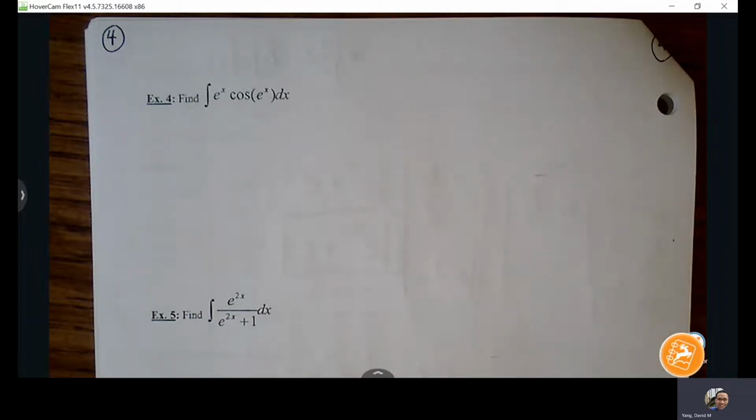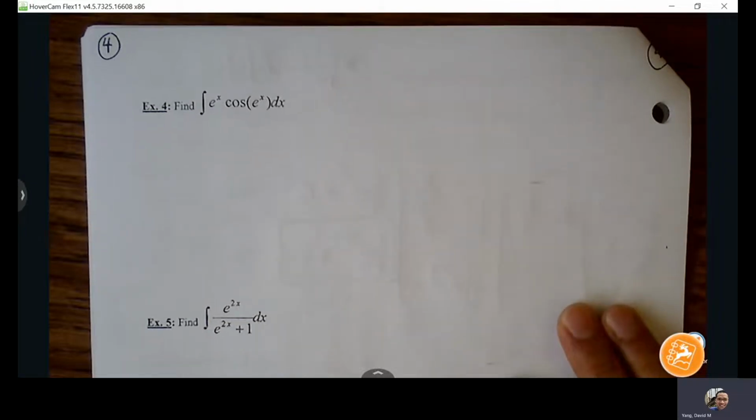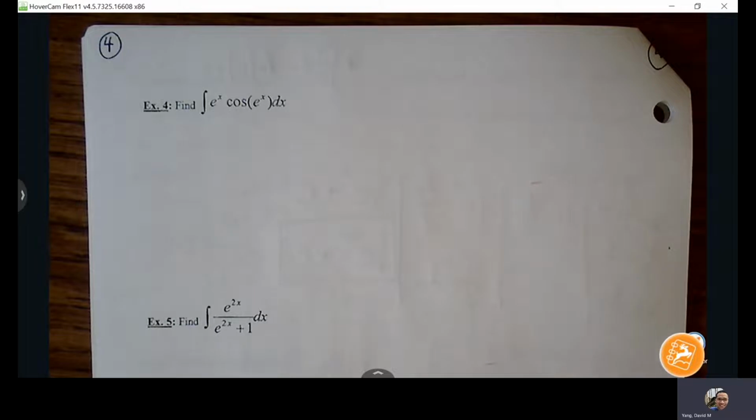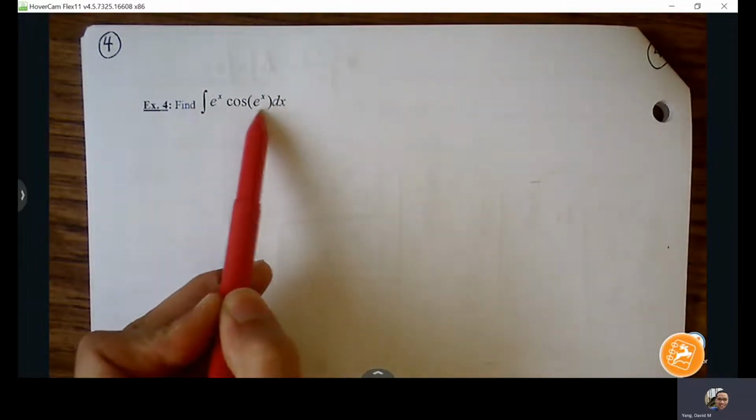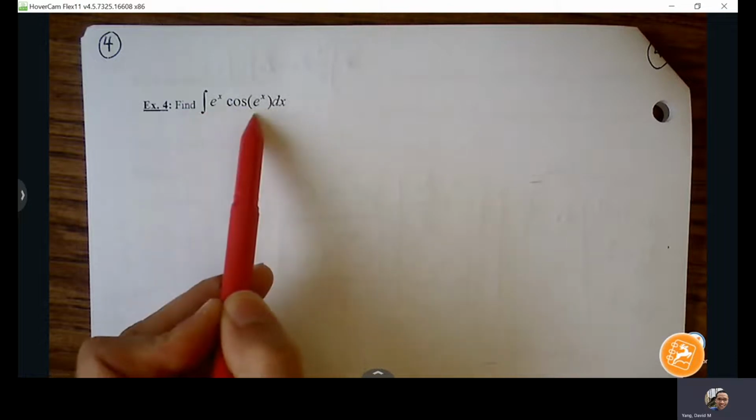Any guesses as to what our u value could be here? Yeah, inside the parentheses. There are two e to the x's, but we want to target the one inside the parentheses. We want to leave this e to the x alone for the derivative to match and cancel out.